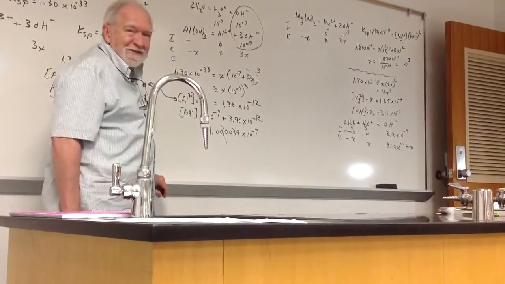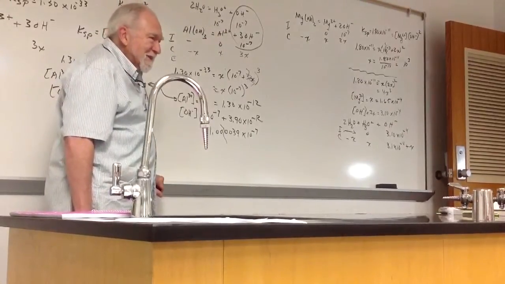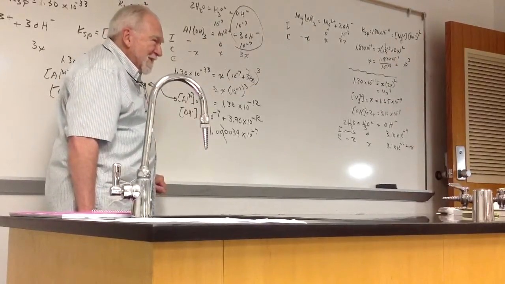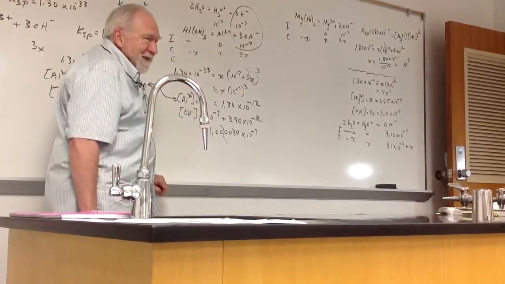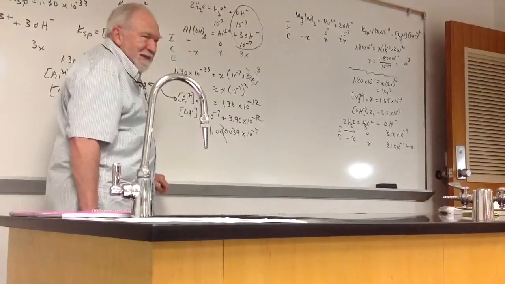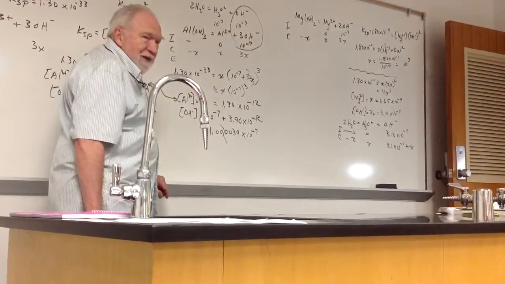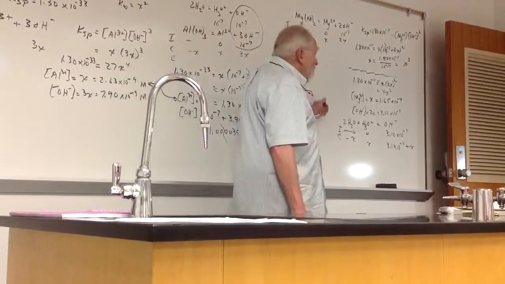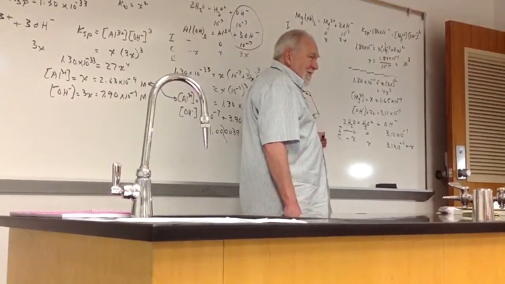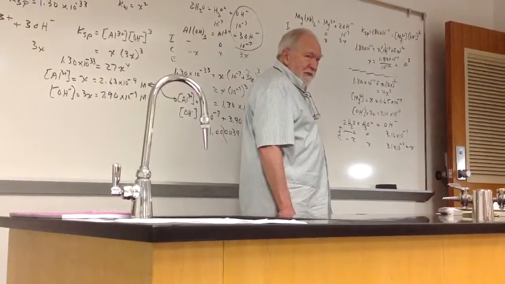Then you go to the other things. And most of the time, what we've ended up doing is ignoring the ones that have the smaller Ks. Most of the time we ignore water. But here I'm just justifying why we ignored water, because now I can see how much hydroxide I actually got from the water.